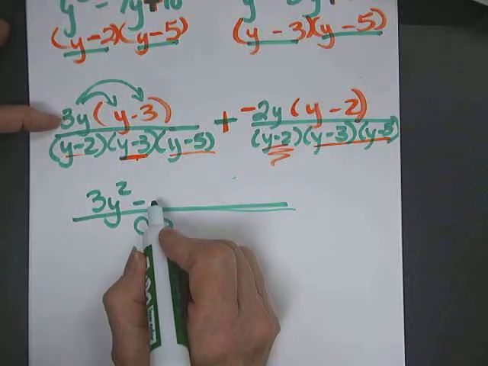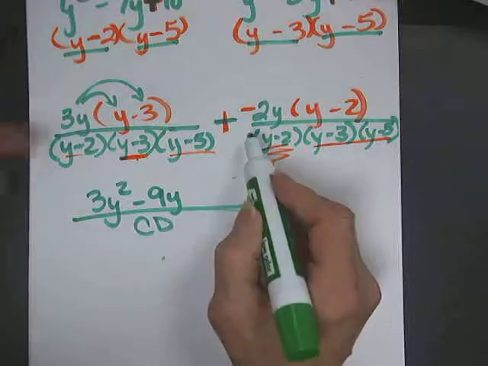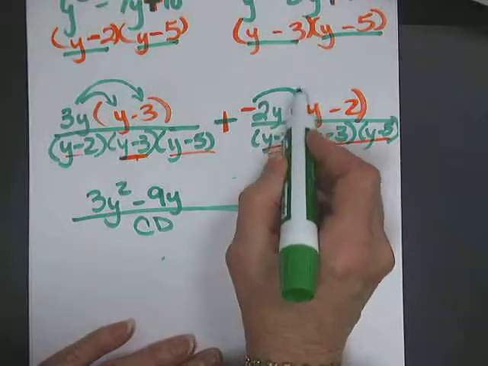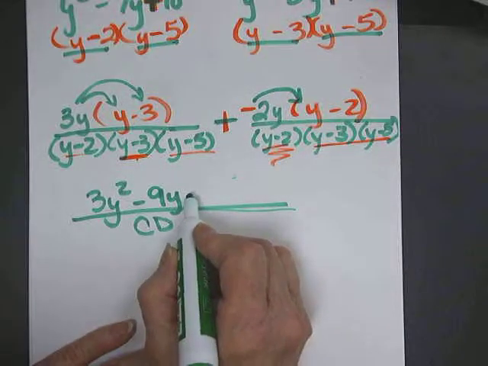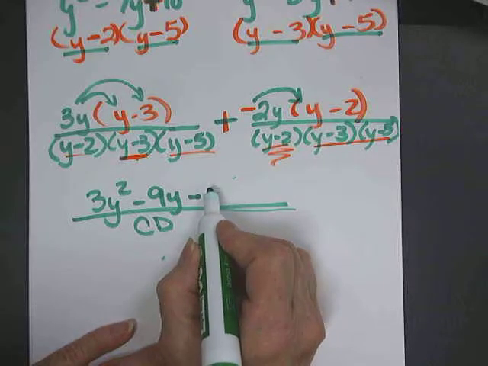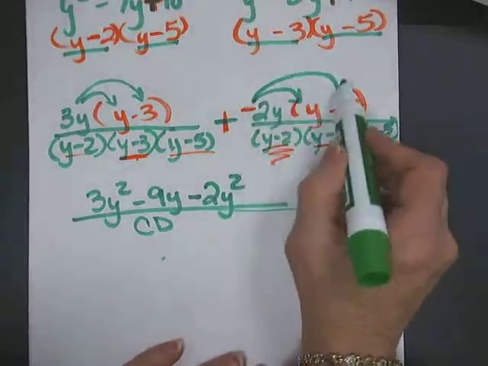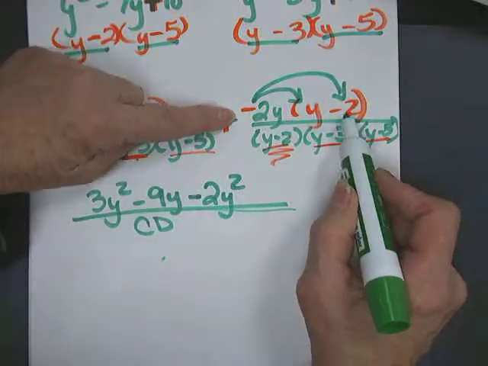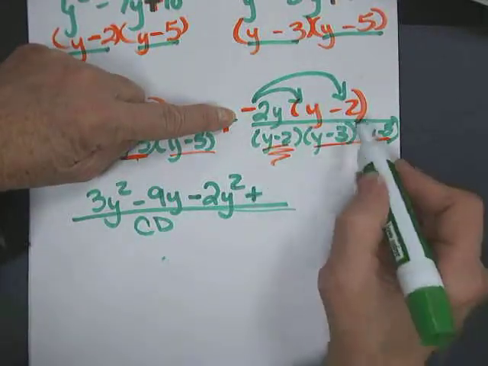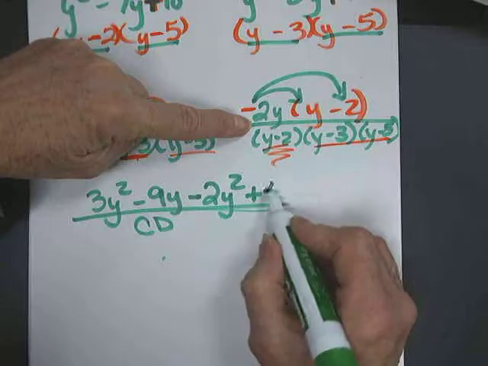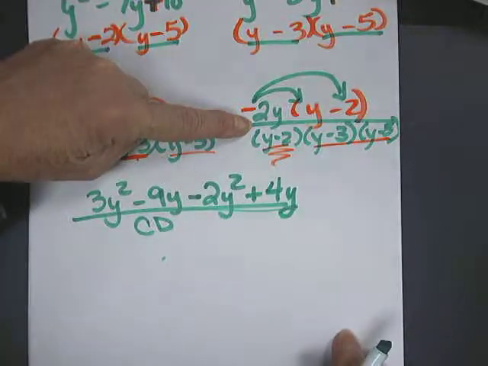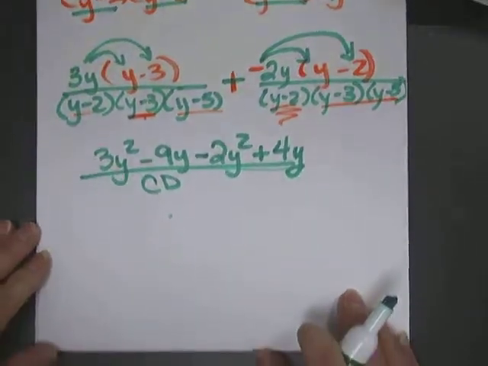What are we going to do with this thing? Adding a negative. Change subtraction into addition. Now, I'm just going to write CD on the bottom, and when we get to the end, I'll write this is a common denominator.